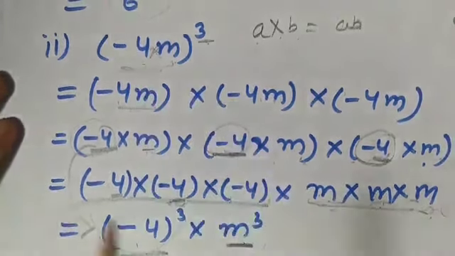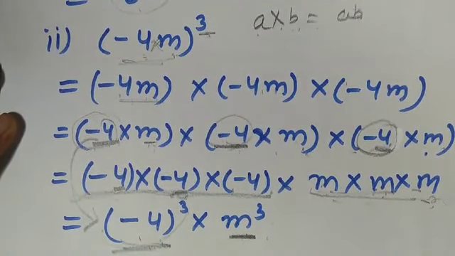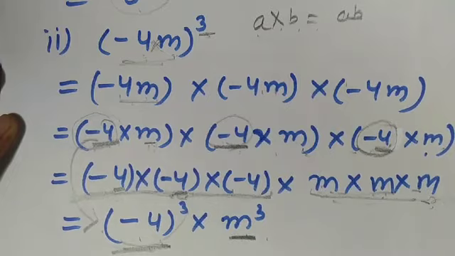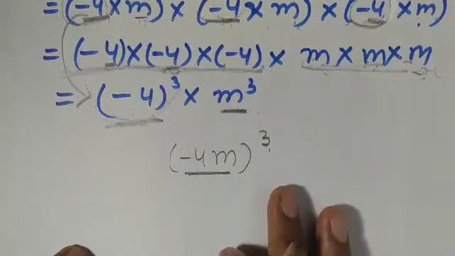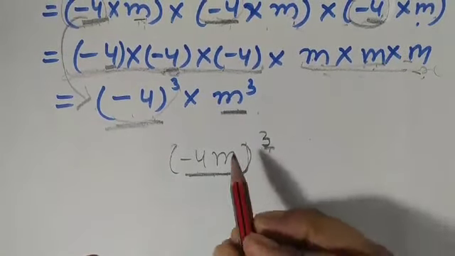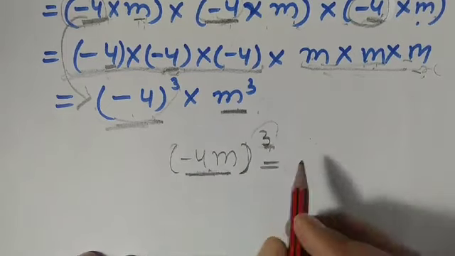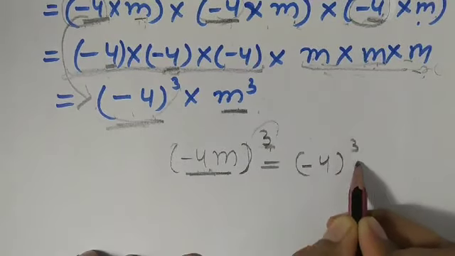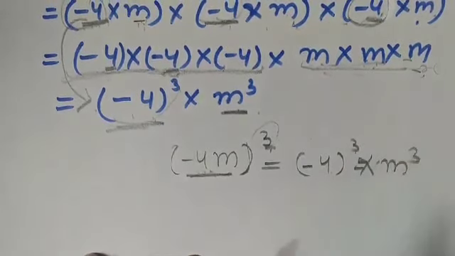Now what I am observing is that whenever we have the power of a whole number, minus 4m whole raised to the power 3, then the power gets distributed to each number. It will be minus 4 raised to the power 3 into m raised to the power 3.